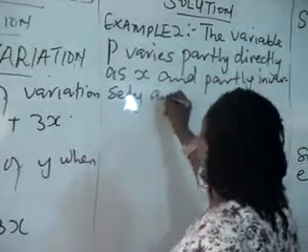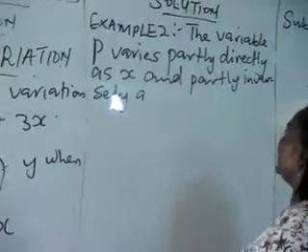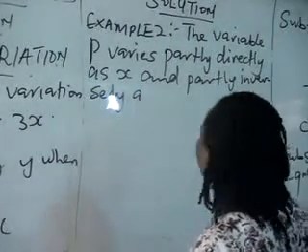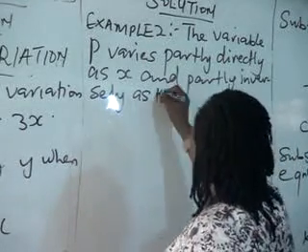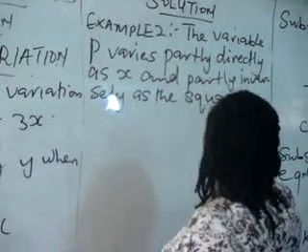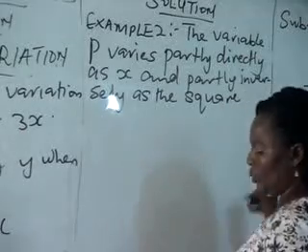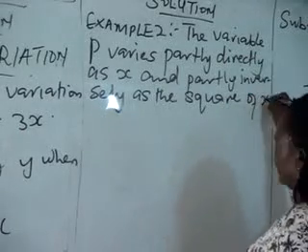The variable p varies partly directly as x and partly inversely as the square of x.